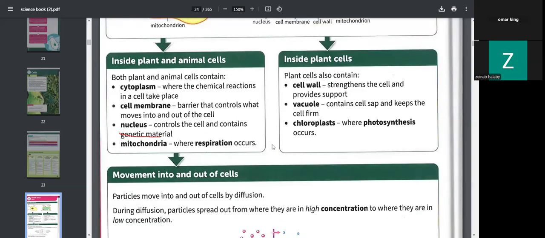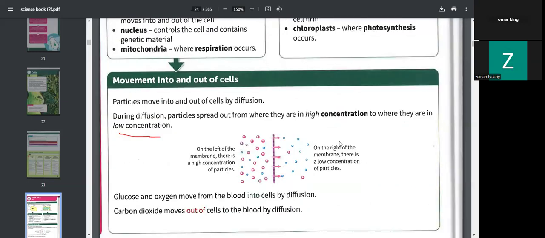Okay, my dear students, now we will talk about the movement of substances into and out of the cell. Particles move into and out of the cell by diffusion. During diffusion, the particles spread out from where they are in high concentration to where they are in low concentration.